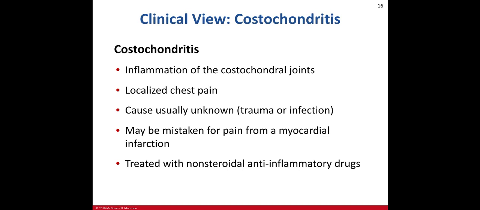So if someone comes in with chest pains, automatically people usually think, oh, heart attack, but it could be something less serious. And this is treated with a non-steroidal anti-inflammatory drug. It can be injected or taken by mouth.